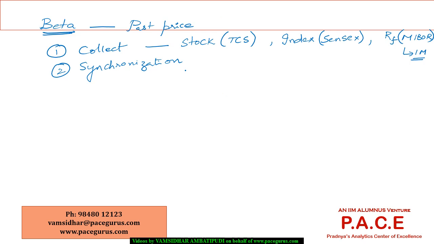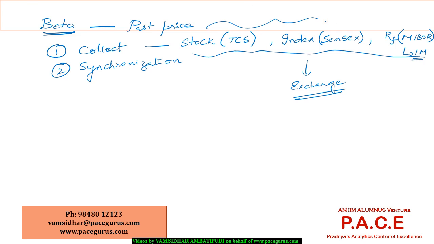So these are the different kinds of data that I have collected. All of these are collected from the exchanges. The first two are collected from the Bombay Stock Exchange, and the MIBOR data is collected from the NSE.